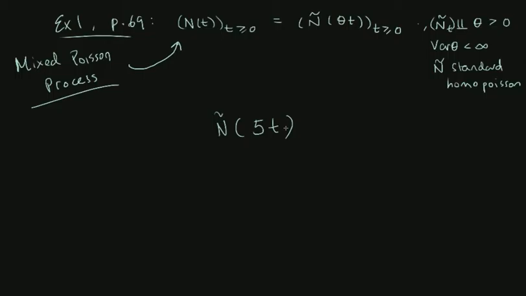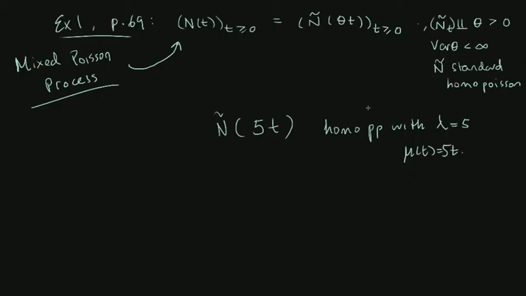So instead of expecting 1 claim per year as I do in the standard Poisson process, here I will expect 5 claims per year, and then what I have is a homogeneous Poisson process with intensity 5 or mean value function 5t, right?